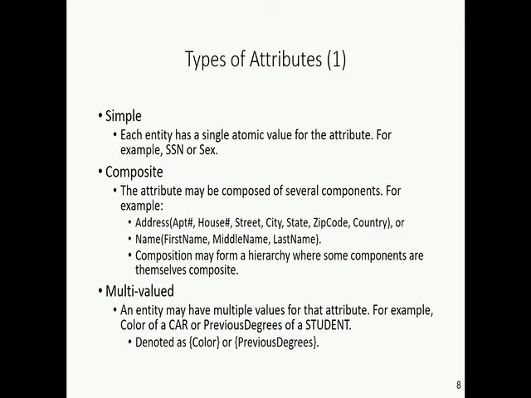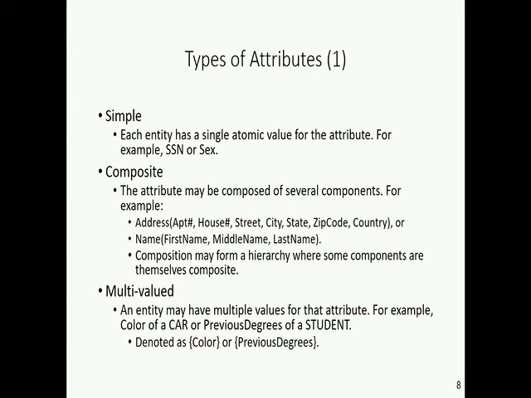Okay, so from a type of attributes, we have simple, composite, and multi-valued. Simple means we have atomic values for something, so social security number, sex, whatever. We know that it has a value and we're good to go.